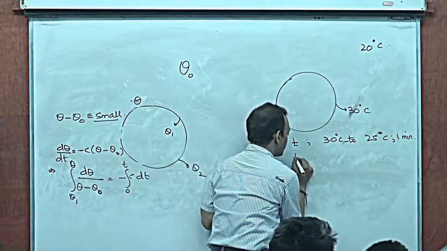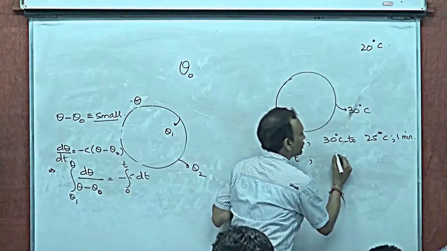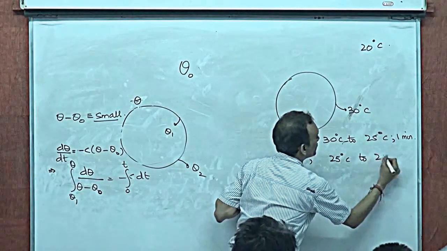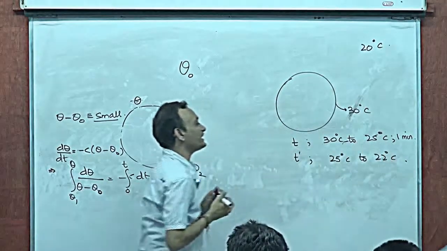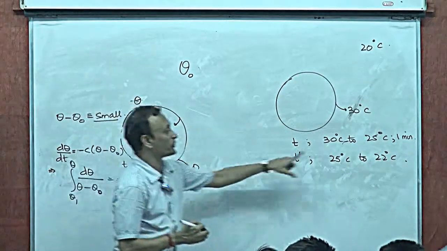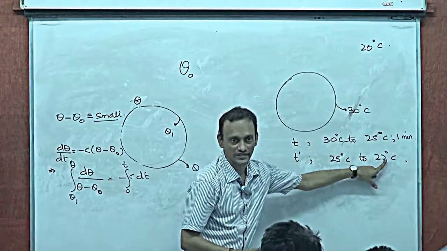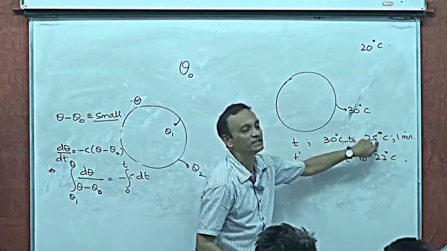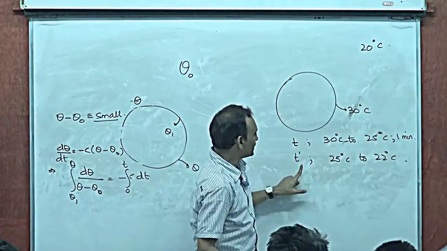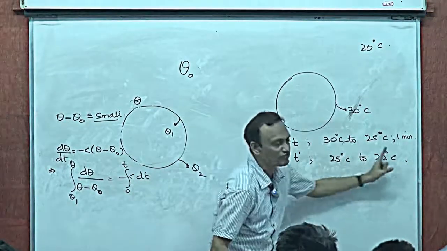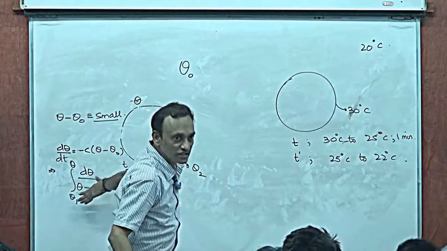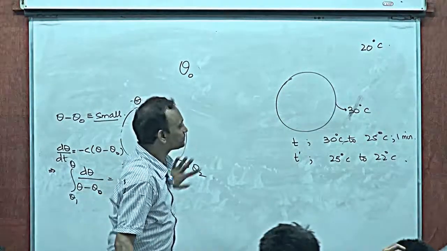Find the time it takes for the body to cool from 25 degrees centigrade to 22 degrees centigrade. Don't do all this. Although this is right, you shouldn't do this.